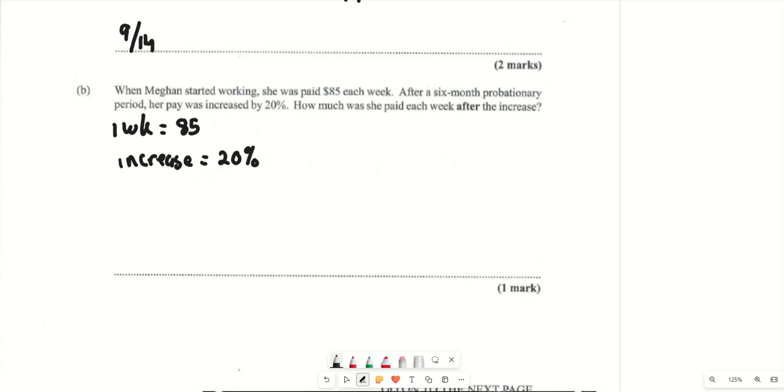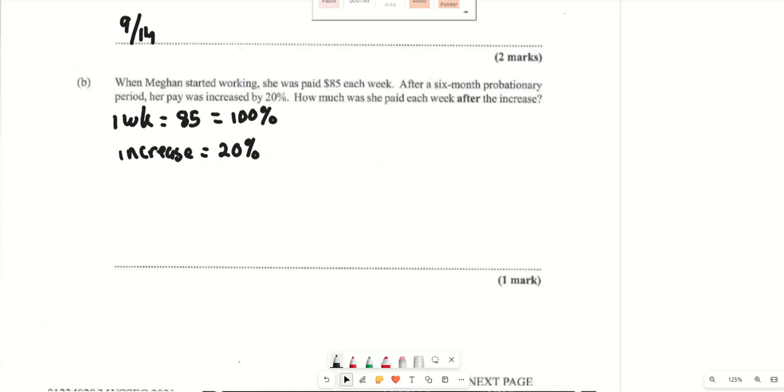First off, this is percentage change where you have an increase in percentage. Your original, or before any increase or decrease, is always 100%. So this 85 is actually equal to 100%. This is before any increase or decrease in percentage.